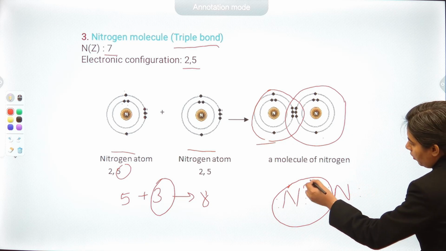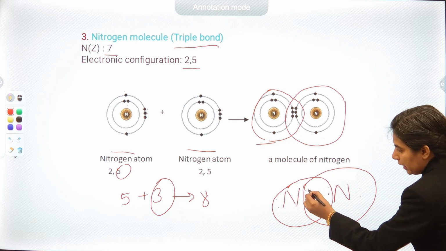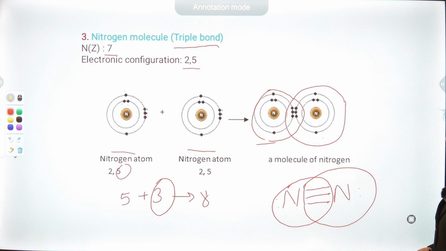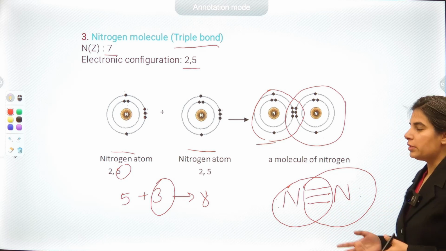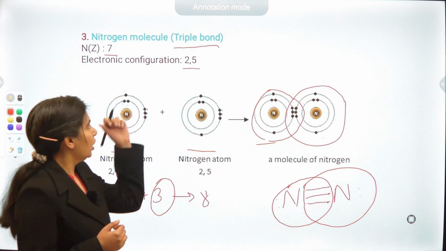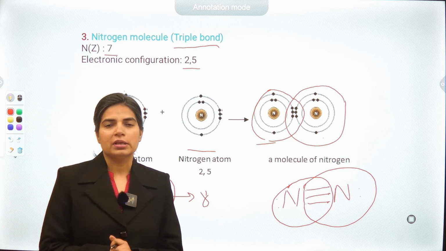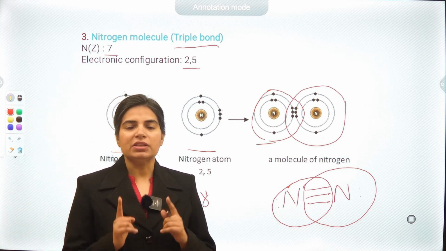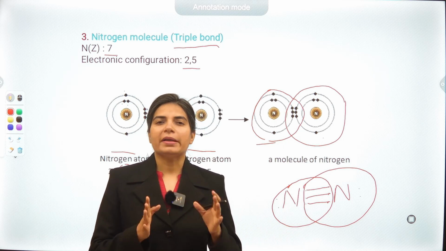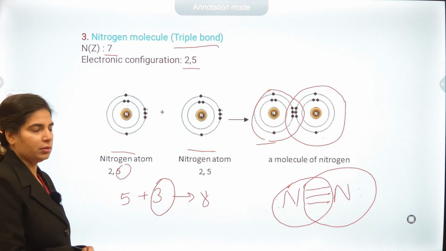And here also nitrogen is sharing 3 electrons. So 1 bond, 2 bond and 3 bond. So triple bonds are formed in case of nitrogen by covalent bond, which is by the sharing of electrons. Each nitrogen atom is sharing 3 electrons from the neighboring atom. So by that way, nitrogen is forming triple bond.